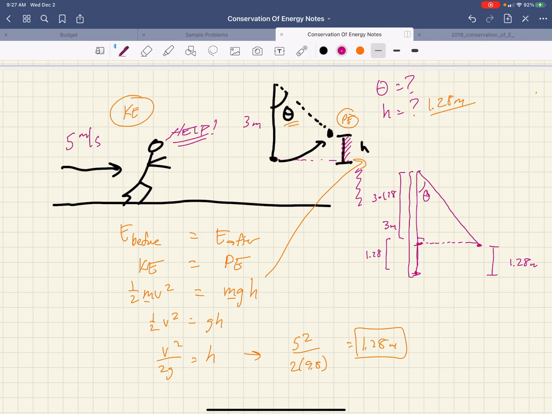This whole side, remember the whole rope itself is 3, so the hypotenuse is 3. So now we're really dealing with this triangle here, where one of the sides is 3, this side is 1.72, and we're trying to get theta.